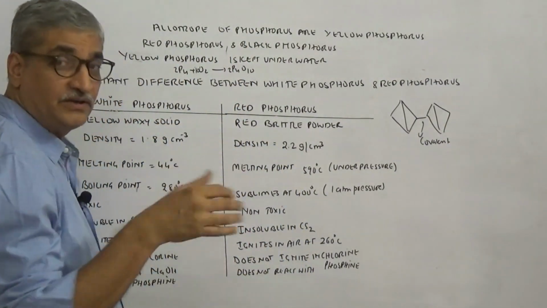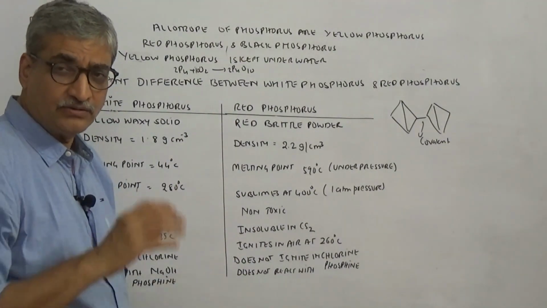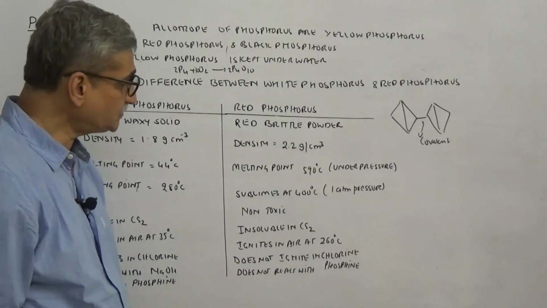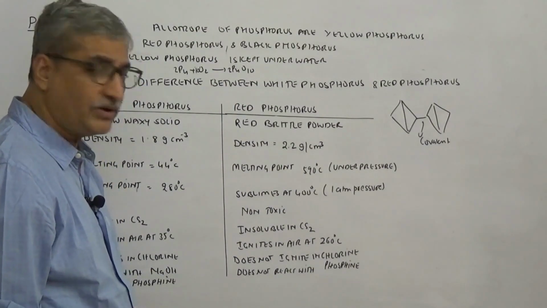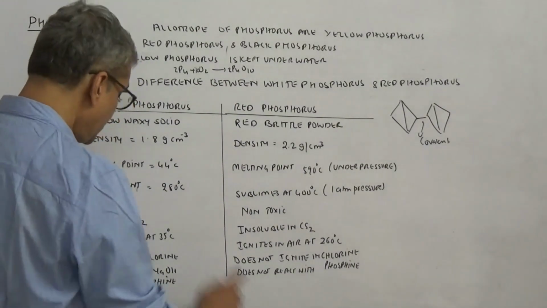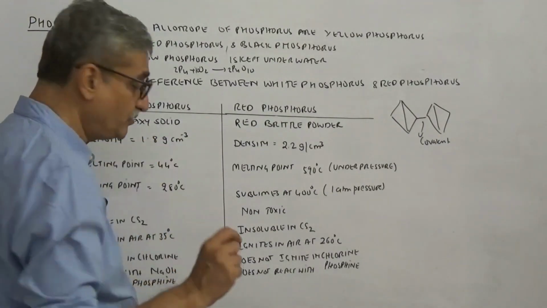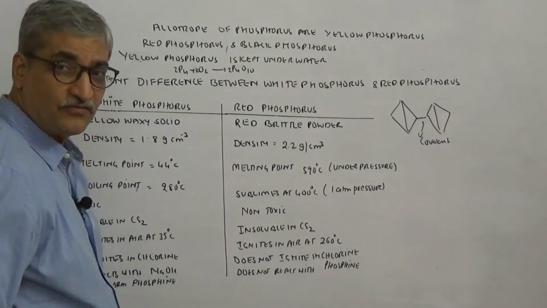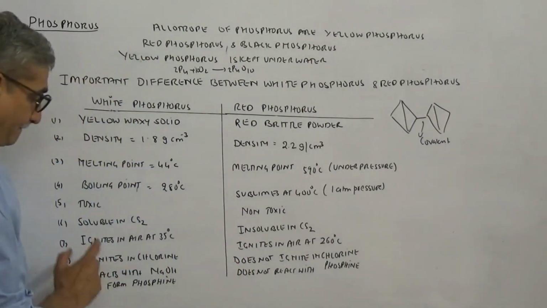So the idea to transform yellow phosphorus to red phosphorus was a very important moment in science, because then all the matchboxes started using red phosphorus. So while yellow is toxic, causes phossy jaw, red is non-toxic.